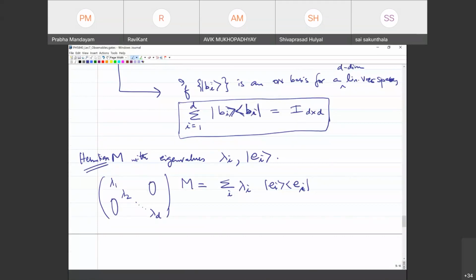So what kind of outer products does this mean? In its own orthonormal basis, it's diagonal. What are the outer products corresponding to each of these locations? This is lambda 1 times E1, E1, lambda 2 times E2, E2, etc. So this basically is the diagonal form in the outer product notation, right?